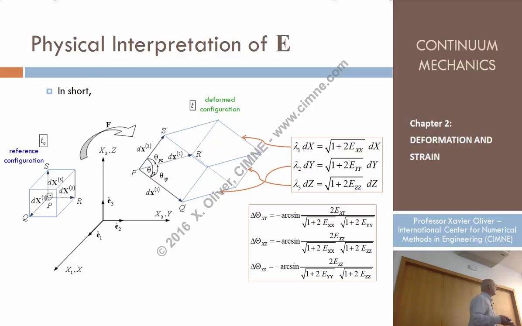Increased or decreased? Decreased, because of this minus sign. And if the value of EXY is negative, that means that the angle has increased. So to speak, this figure provides information on the meaning of each of the components of the strain tensor.